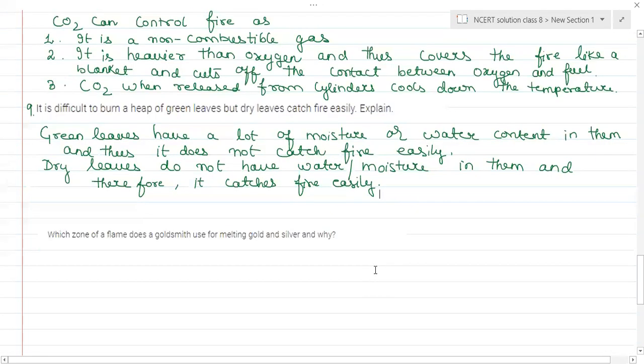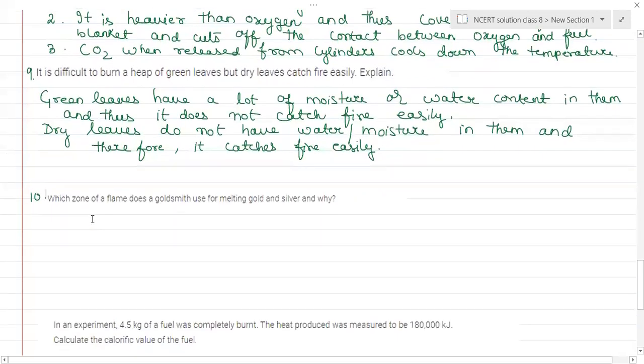Coming to the 10th question. Which zone of a flame does a goldsmith use for melting gold and silver, and why? So obviously he uses the outermost zone of the flame, and you know why? Because it is the zone where you have the maximum heat. So let's write the answer.